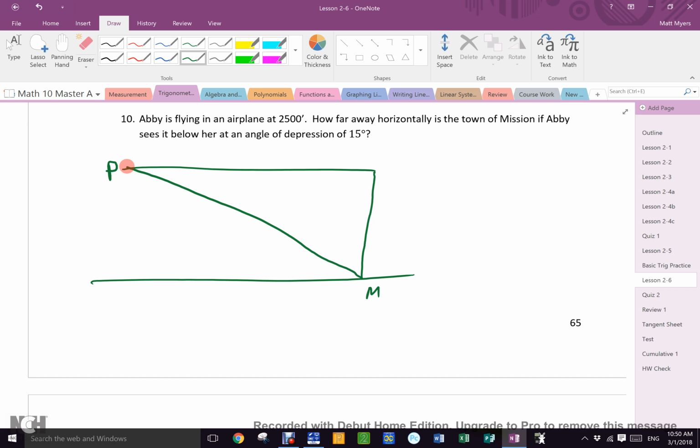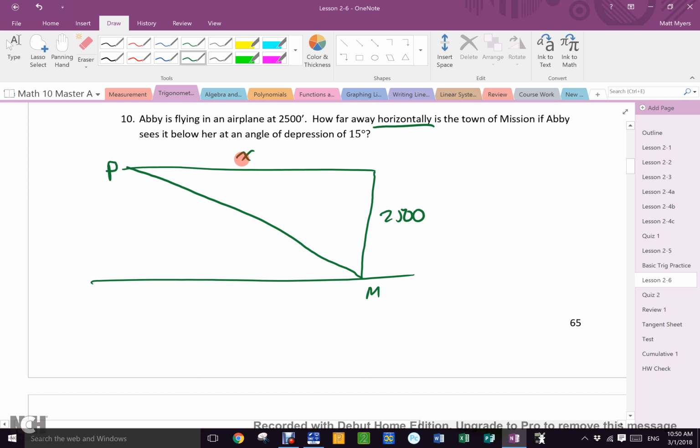Now, what do you know? You know that Abby is in an airplane 2,500 feet above the ground. Where is that? It's the vertical line, 2,500. I want to know how far away horizontally is the town of Mission. What's horizontal? Flat or diagonal? Flat. So this is what I don't know.